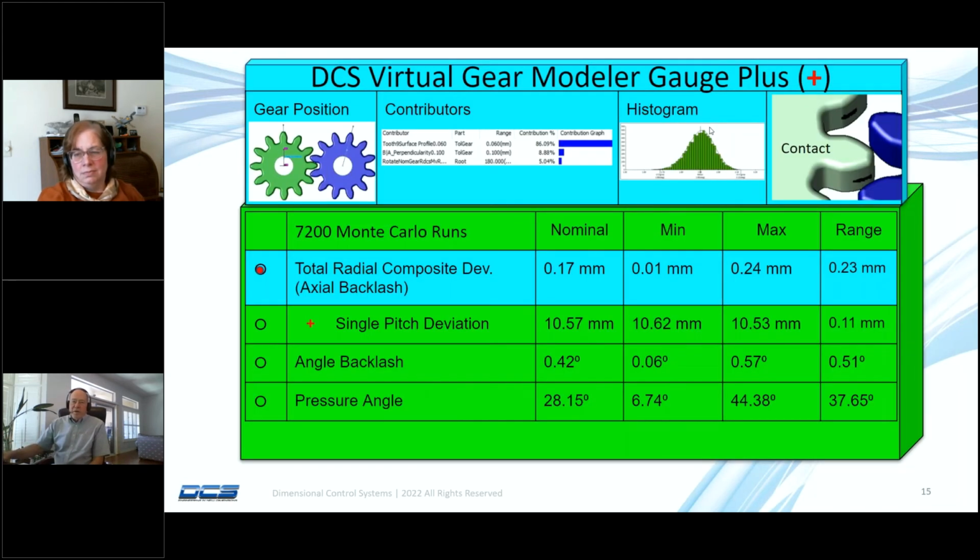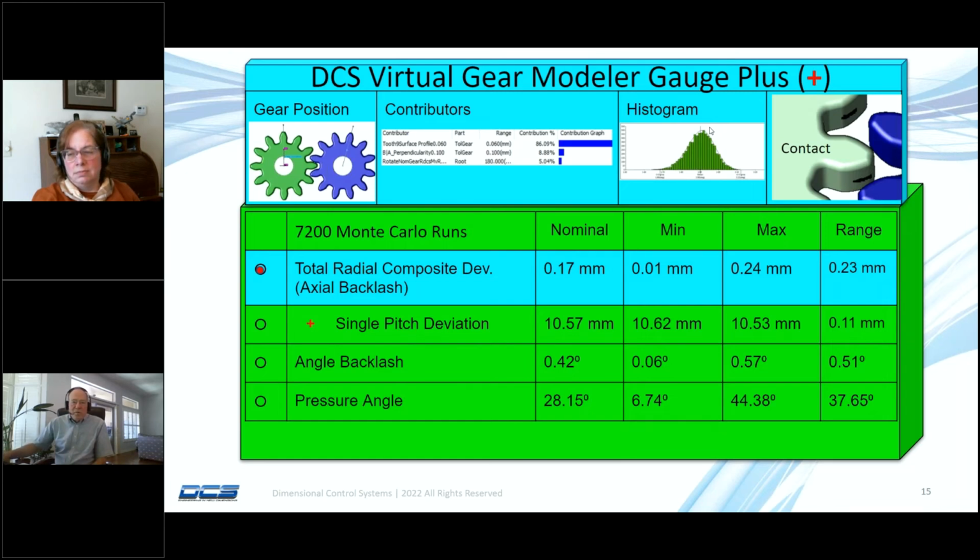So what we've created here is essentially a virtual gauge where we can look at the gear positions, the contributors, the histograms, and contacts of various measurements. And we can summarize them and look at how they compare to our specifications. So we've been looking at axial backlash, the nominal value, the minimal value, and the maximum value.